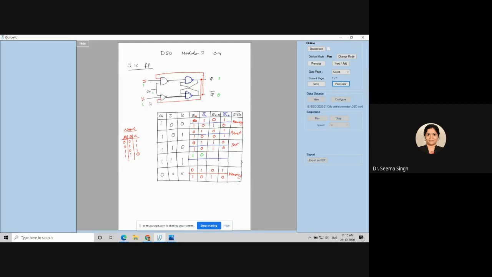When clock, K and the feedback Q are 1, 1 and 1, the 3 input NAND gate has all 3 inputs 1, 1 and 1, so this will become a 0. And what will happen to this? It is having J and clock as 1, 1 and this Q bar is 0. So this 0 will go in, and as this NAND gate shows, if any one of the inputs is 0, the output becomes 1.